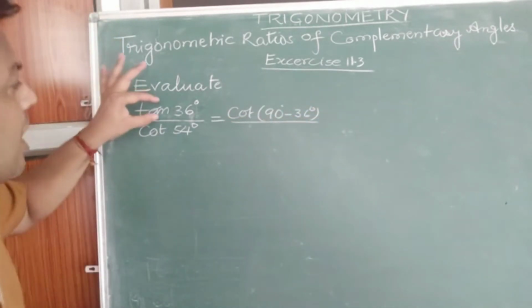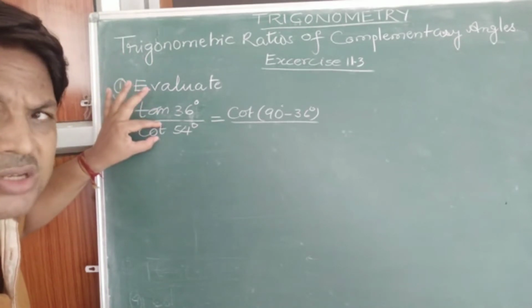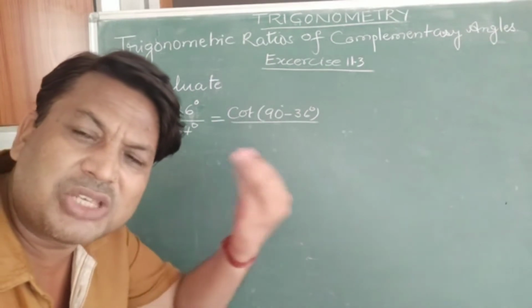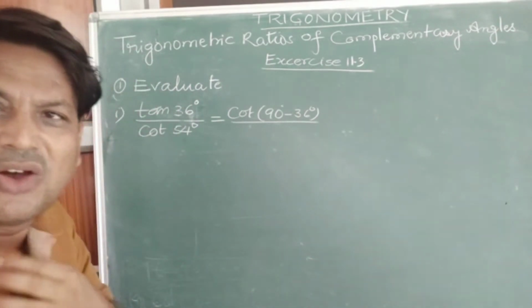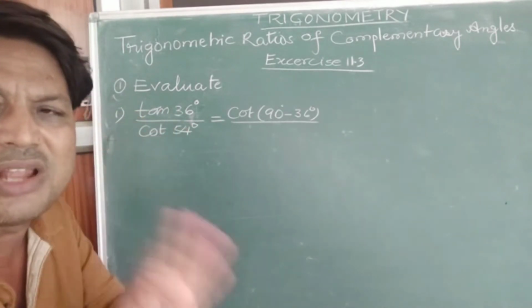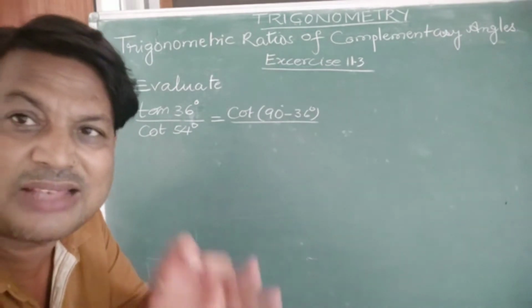Divided by... either you convert this, tan in the form of cot, or cot in the form of tan. Don't convert both, otherwise the same situation will come again. Any one you have to convert, either numerator or denominator, such that they can be cancelled and we can get the answer as a numeral.